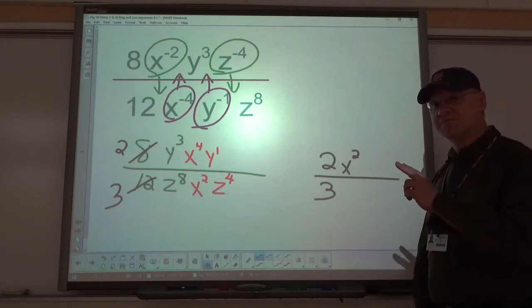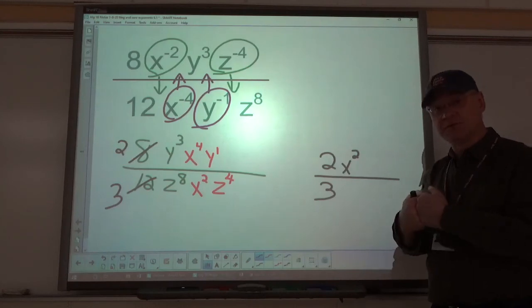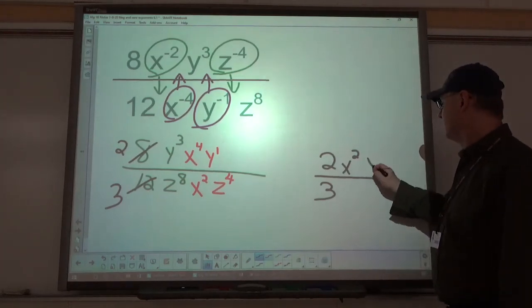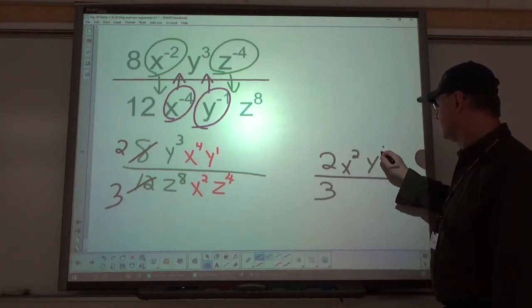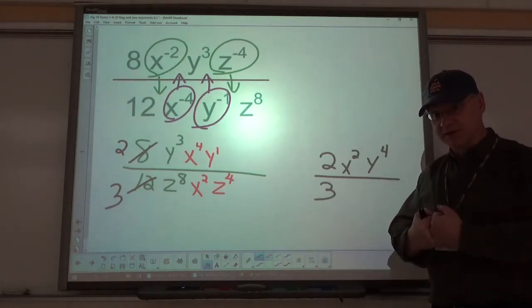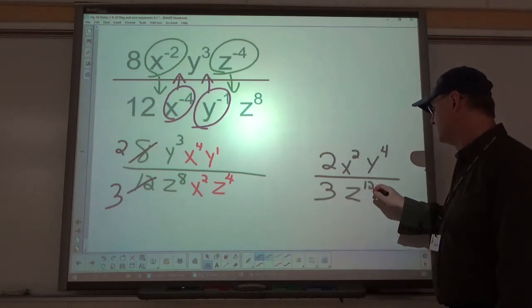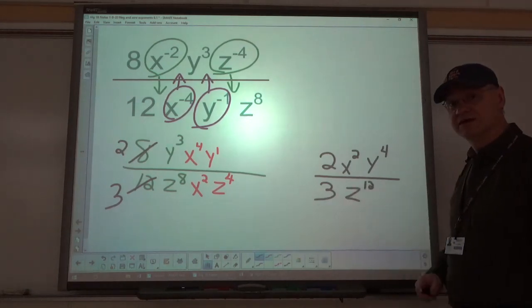I have y's both on top. And if they're both on top, you can see they're multiplied together. So that gives me y to the 3 plus 1 is 4. Z's are both on the bottom, multiplied together. I add their exponents, z to the 12. And there's my final answer.